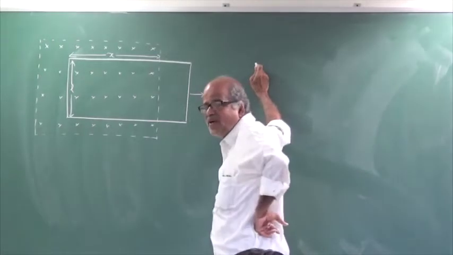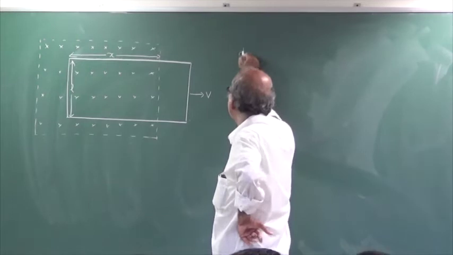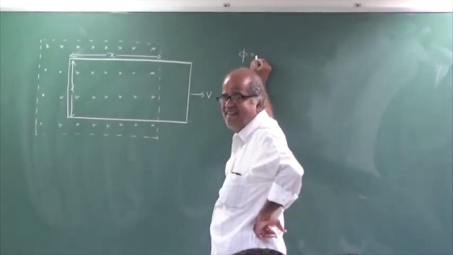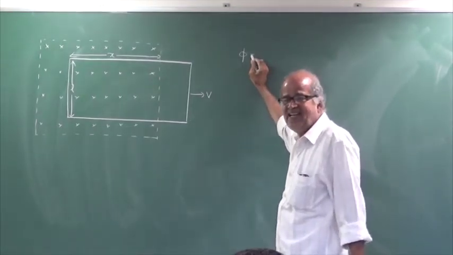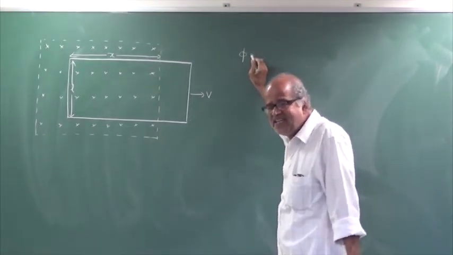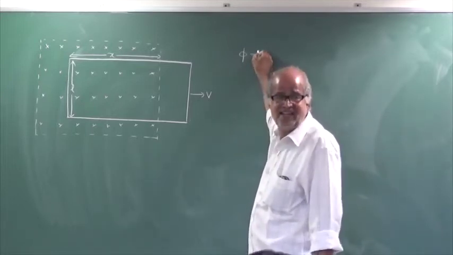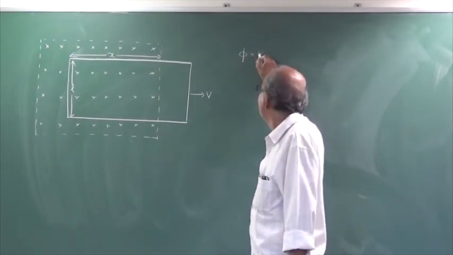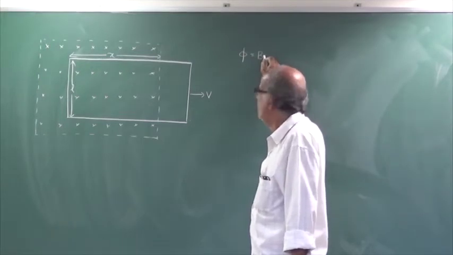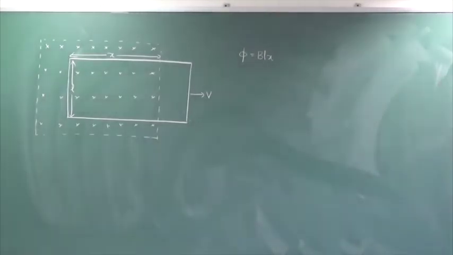At that time instant, what is the flux linked with this? Flux linked with it is B dot A, here it is of course BA because theta is 0, cos 0 is 1. What is A? It is L into X. That is the flux linked.